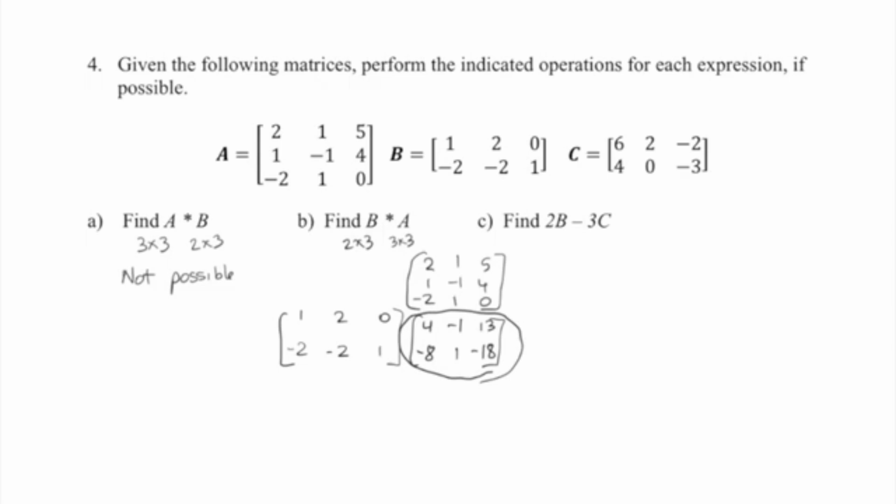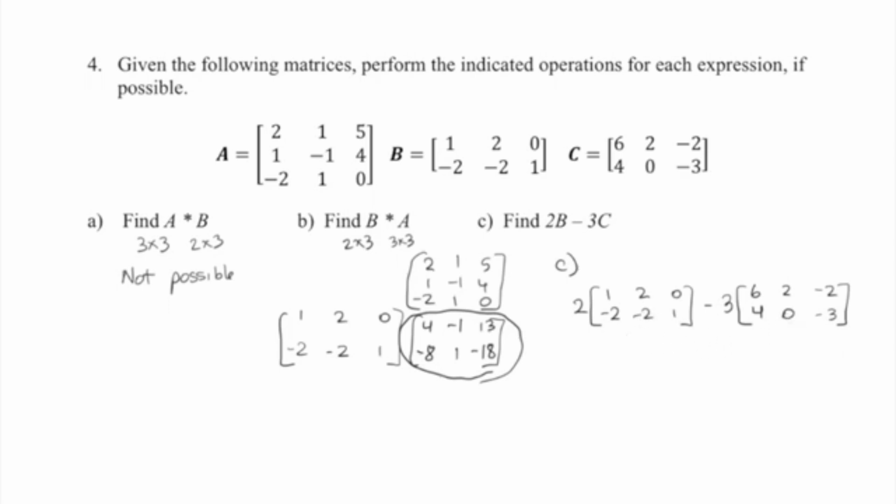For part C, we have 2 times B minus 3 times C. And the only way you can add matrices is if both matrices are the exact same dimension.